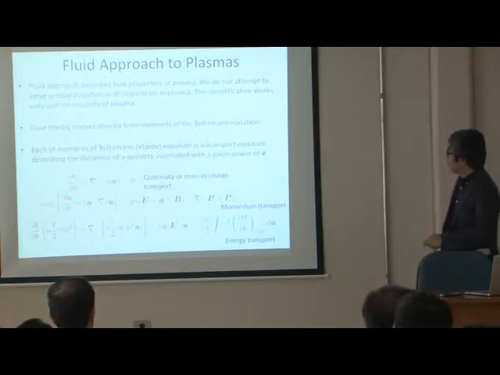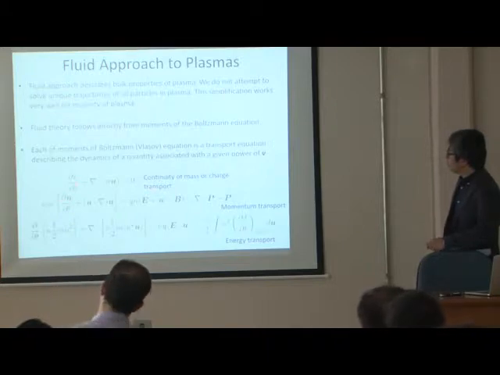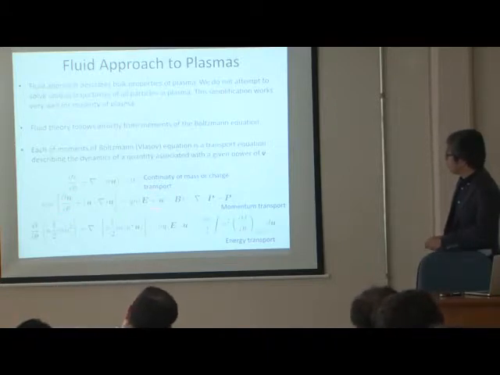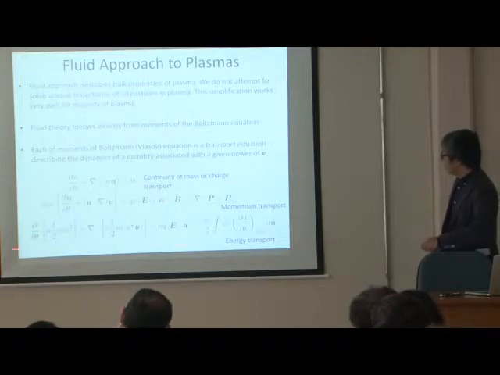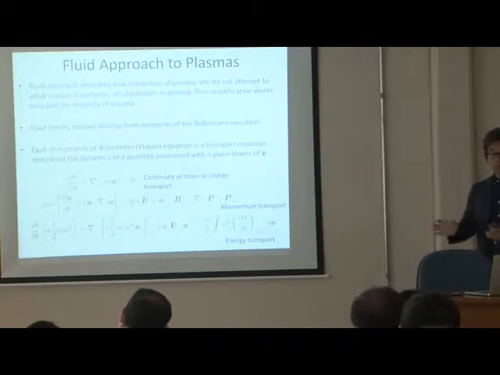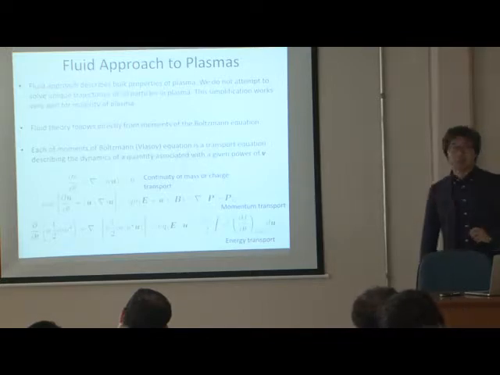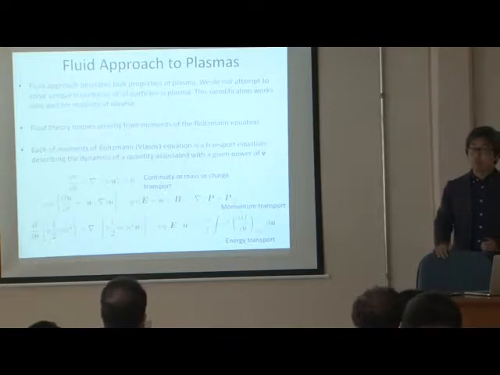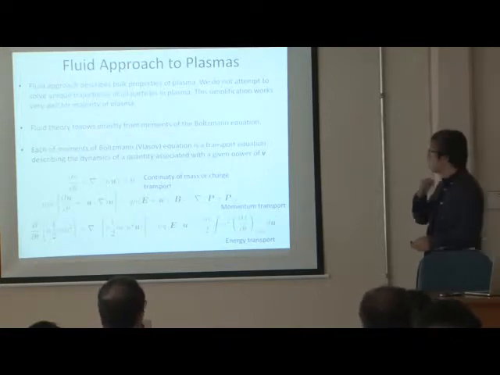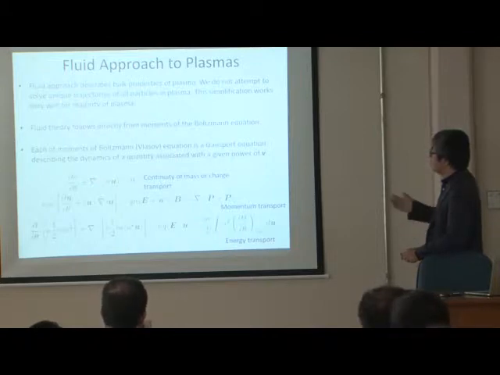So this is the continuity equation for mass and charge transport, then the momentum transport equation, and then the energy transport equation. These come from the Boltzmann-Vlasov equation, and this is the starting point for the macroscopic description of plasma. N is the number density, right? Yes, this is only the particle number.